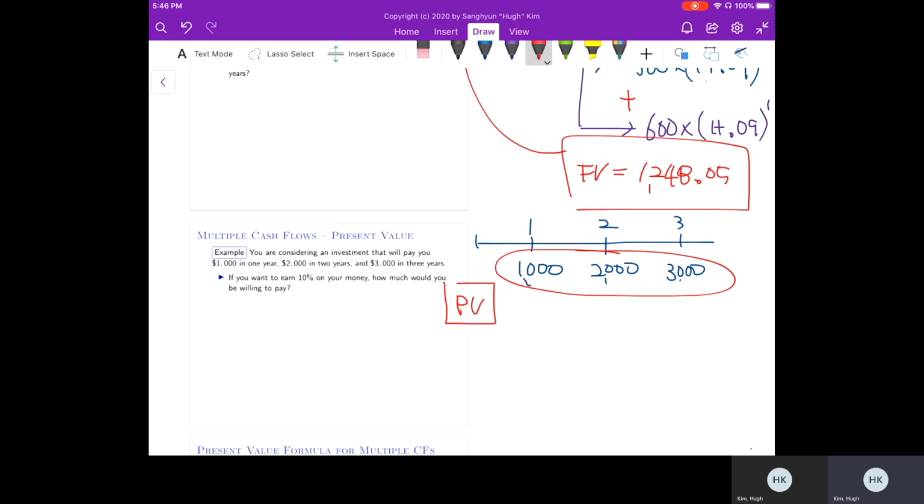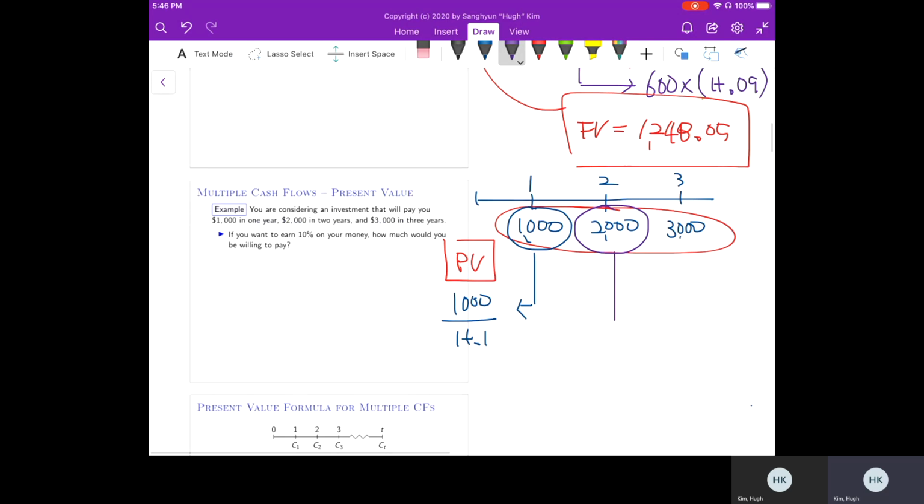So similarly, we can apply the present value formula for a single cash flow to each of these cash flows separately. So the present value of this $1,000 is 1,000 over 1 plus 0.1. And the present value of this $2,000 is 2,000 over 1 plus 0.1 squared, because we have to discount this twice.